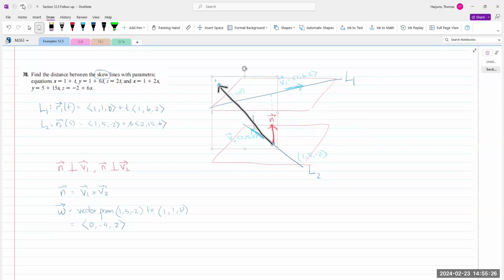In other words, we need to find the height of the parallelepiped that is formed by v1, v2, and w.